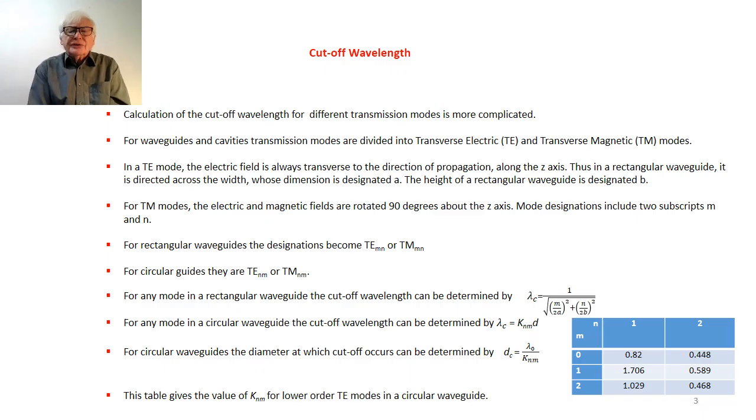These lower orders of transmission modes are what we tend to use in an EmDrive cavity. So once again, we are now able to relate the cutoff conditions by determining the diameter at which cutoff occurs, dc, which is equal to lambda naught over k_nm.